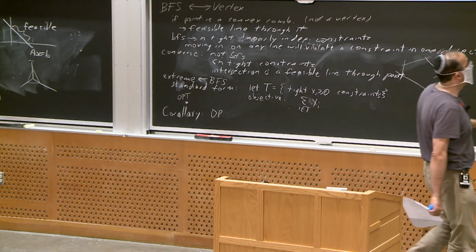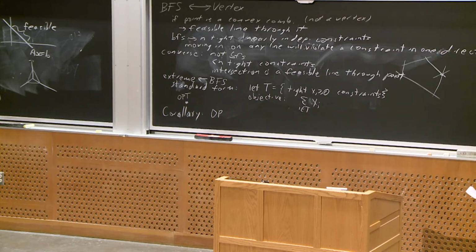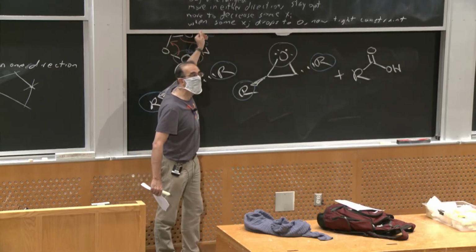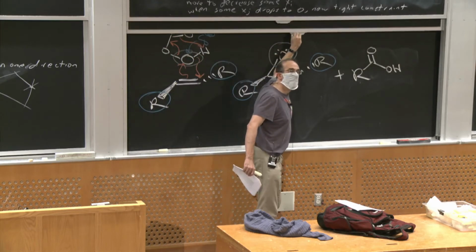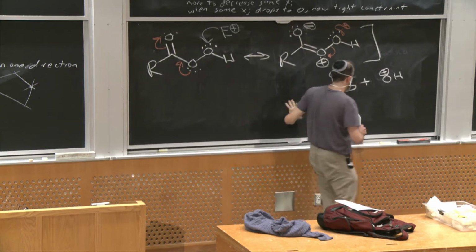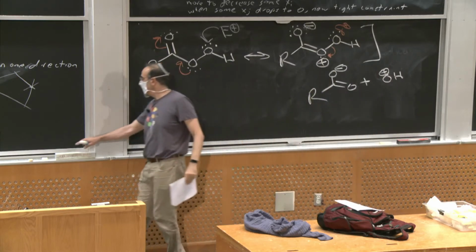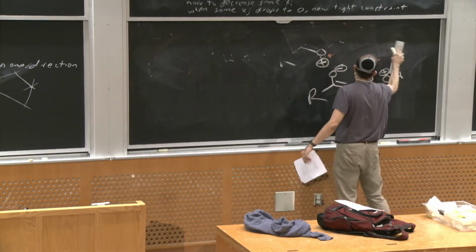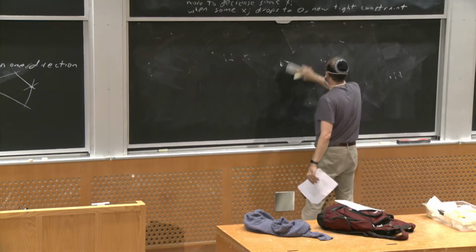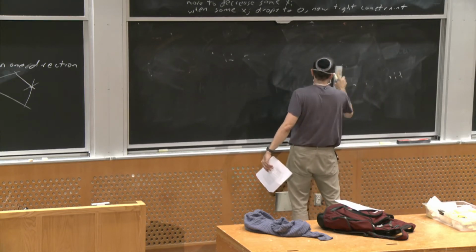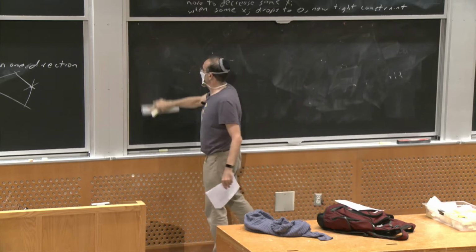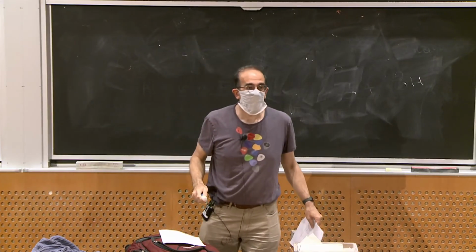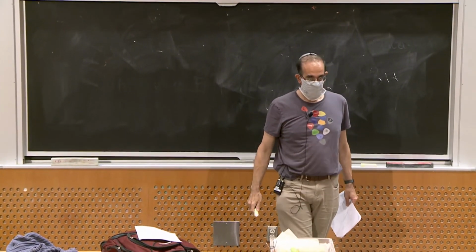All right, so I've got one. Why did I say that any standard form linear program with an optimum has a solution at a basic feasible solution? We can convert any LP to standard form by adding slack variables.